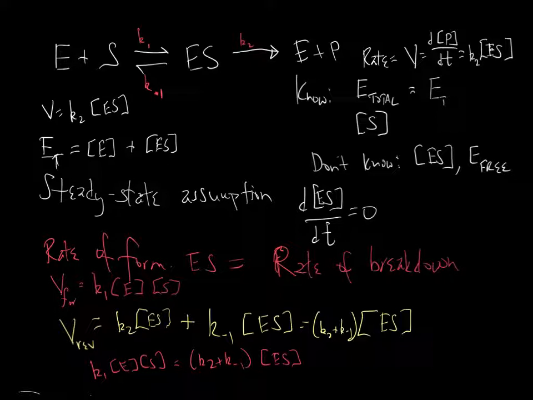So I'm going to divide both sides by that, and I get the concentration of E is equal to K2 plus K minus 1 divided by K1S times ES.